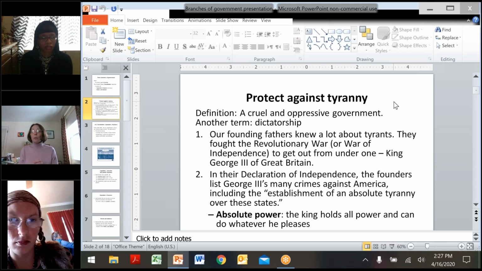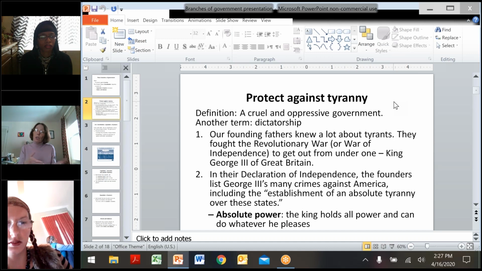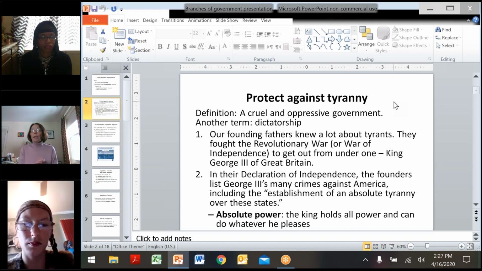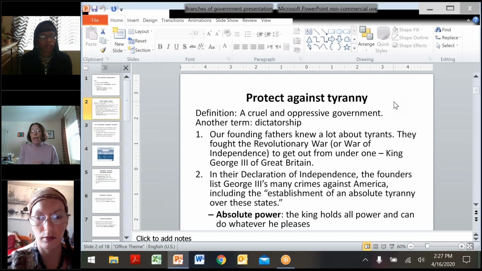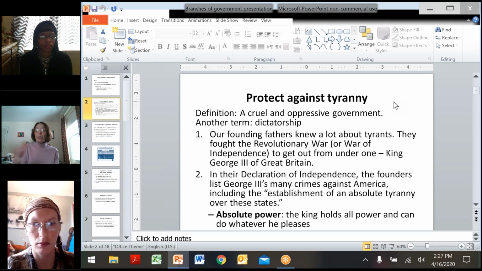And that's why they fought the Revolutionary War, also called the War of Independence, because King George III was ruling over the United States. It wasn't called the United States then, it was a colony of Great Britain. And they felt that he was very oppressive and that he was committing crimes against America.